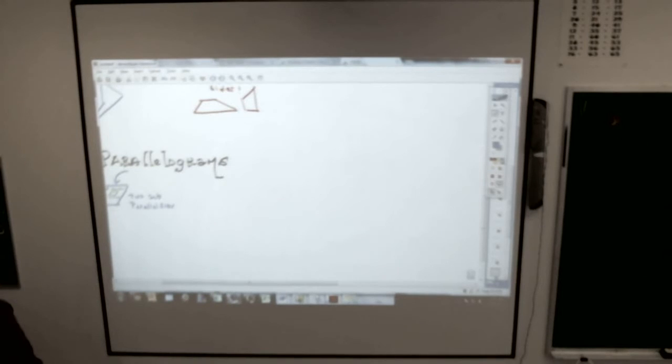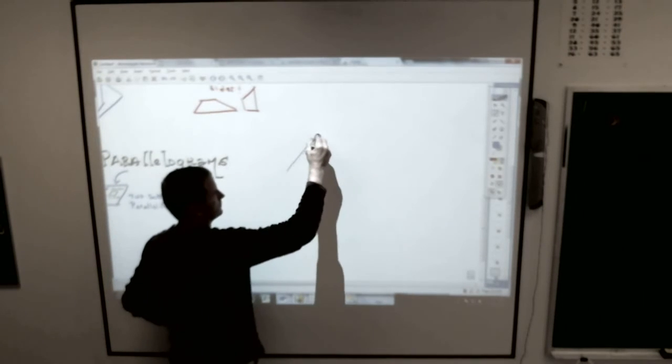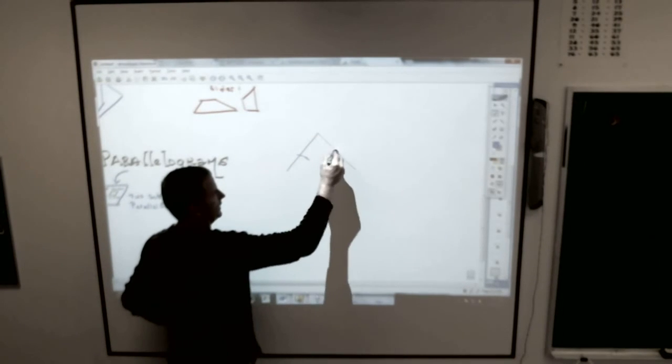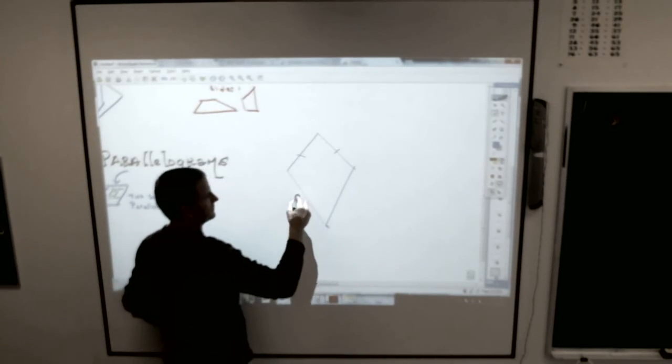A quadrilateral with no pairs of parallel sides is called a trapezium. We show 2 examples. The figure on the right is called a kite. Oh, 2 pairs of adjacent sides of equal length. So here we go, a kite is this. These sides have equal length, and then these sides have equal length.